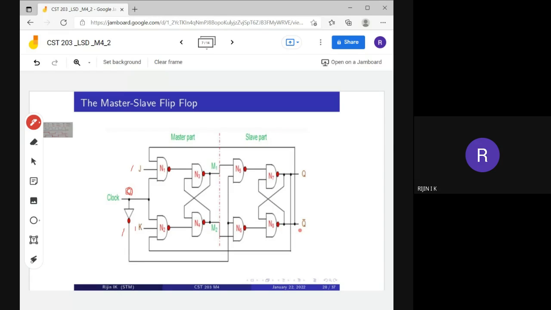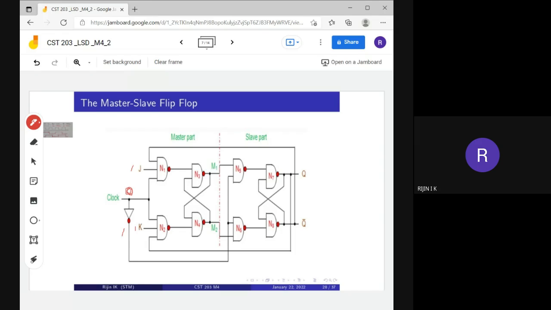We are also using one inverter connection. The clock pulse is directly connected to the master part and the inverted clock pulse is given to the slave part. That means at a time only one of the flip flops will be active, either master or the slave.